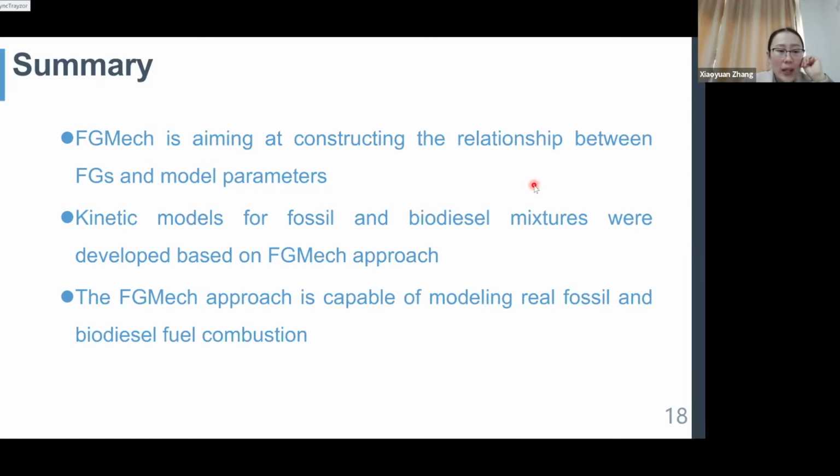To test the reliability, we developed the kinetic models for both fossil and biodiesel mixtures based on this approach, and validated these models against the literature experimental data. The results show that the FGMAC approach is capable of modeling real fossil and real biodiesel fuel combustion.